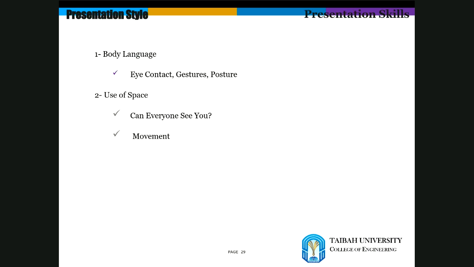Make sure about body language: use eye contact and posture. Use the space so that everyone can see you; try to position yourself where everyone can see you. And then movement.